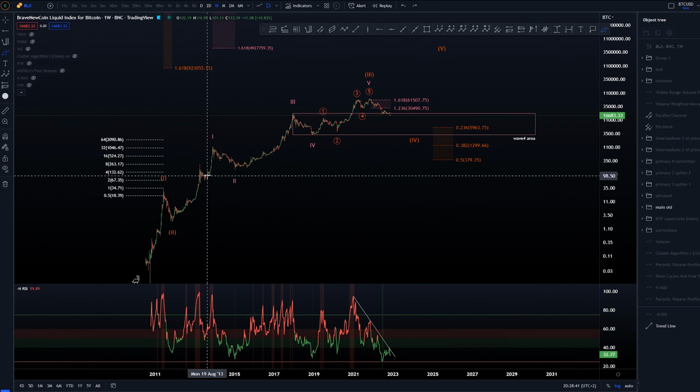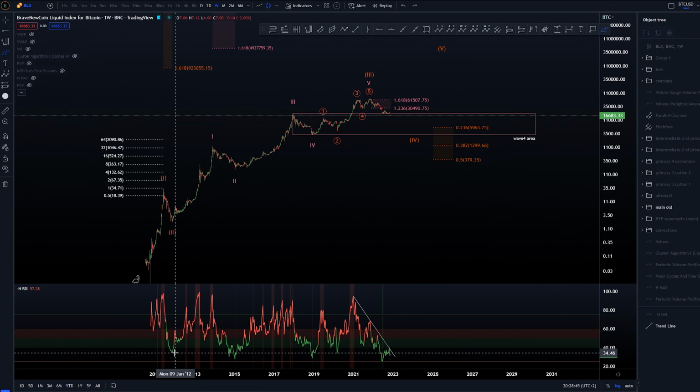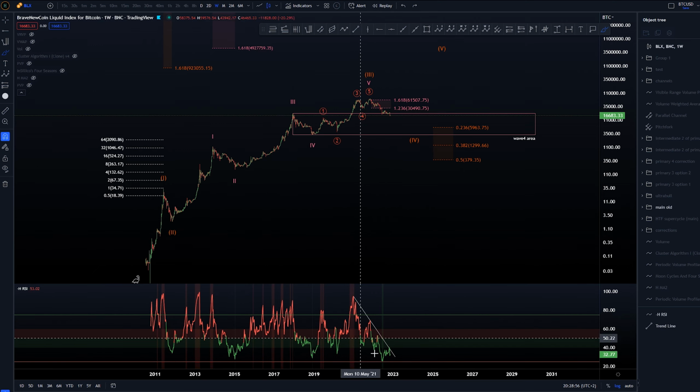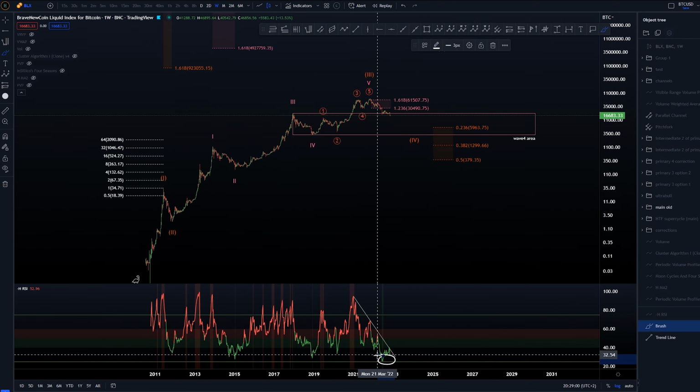And yeah, the reason why I don't like this as well is that we did take out the previous lows on RSI. Generally that doesn't happen, but something here is going on as well that I don't want to get too much involved in at the moment. But yeah, this is a bit concerning as well.